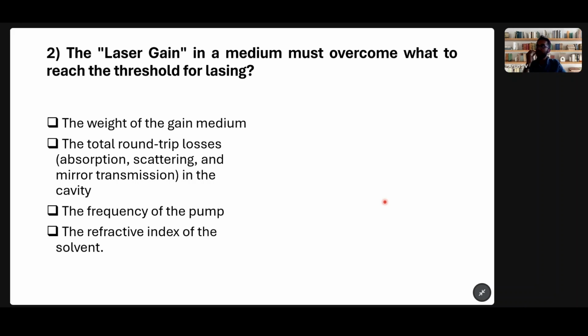So the second question is purely theoretical. The laser gain in a medium must overcome what to reach the threshold for lasing? The options are the weight of the gain medium, the total round trip losses in the cavity, the frequency of the pump, and the refractive index of the solvent.